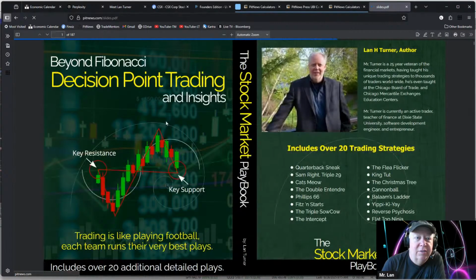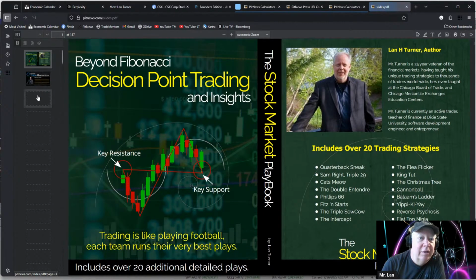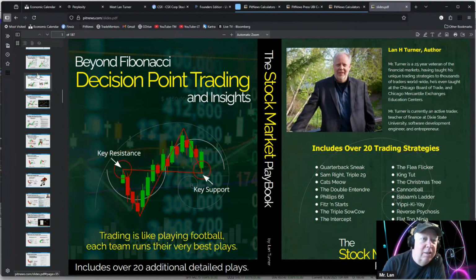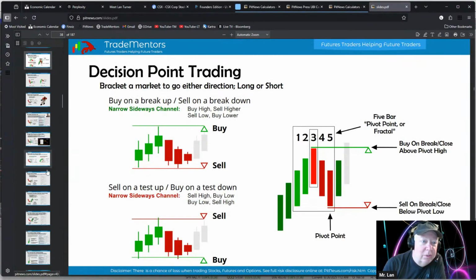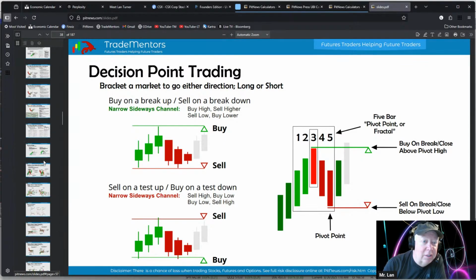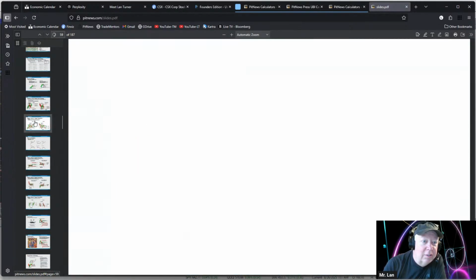These are the slides for our class. Let's pull them out here. Which one is it? Is it this one? No. Triangle wedge formation. See, it's in here. I showed it to you 100 times. There it is right there.